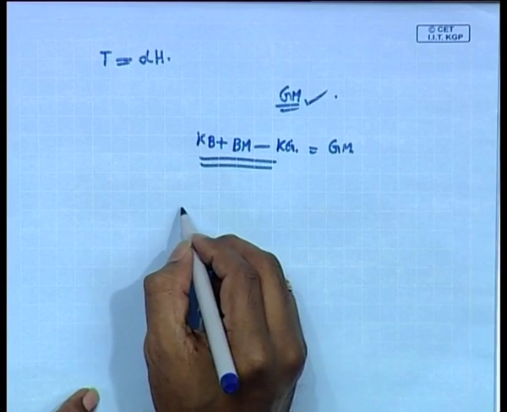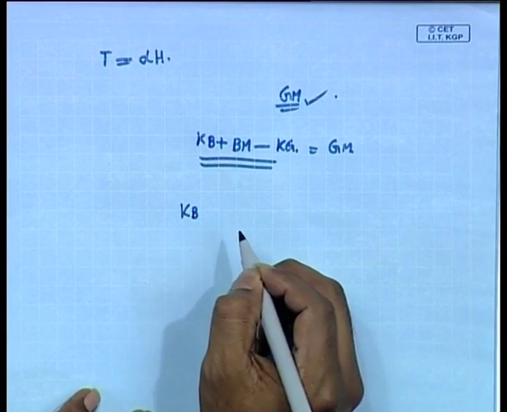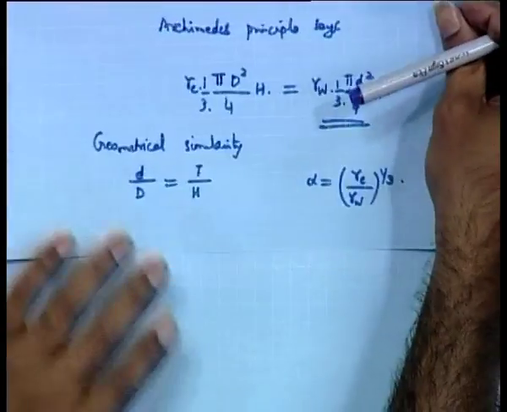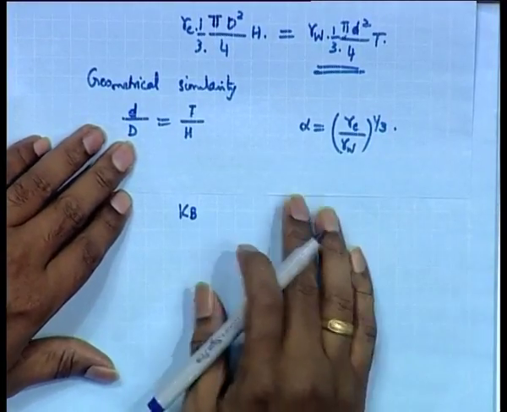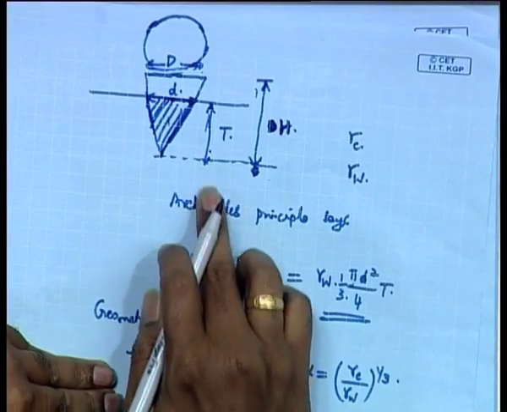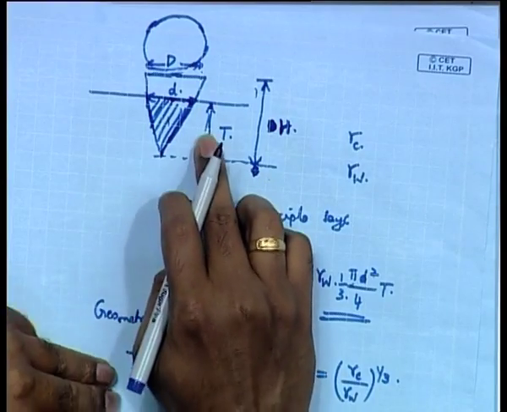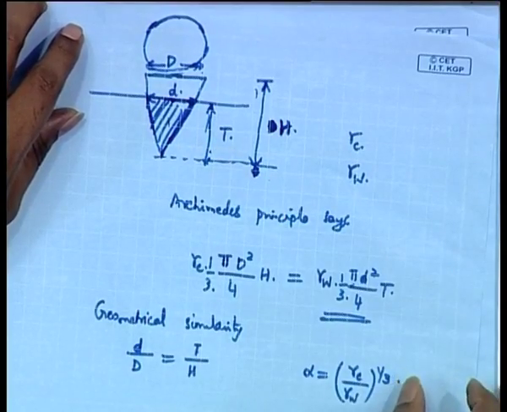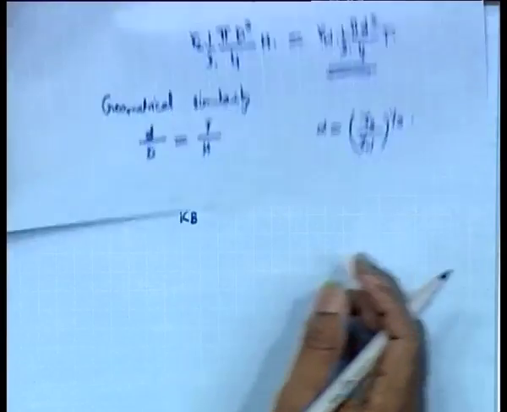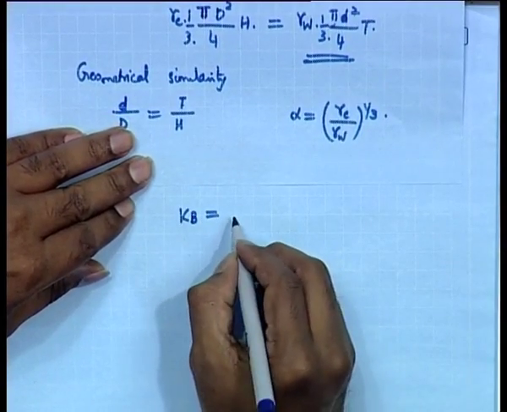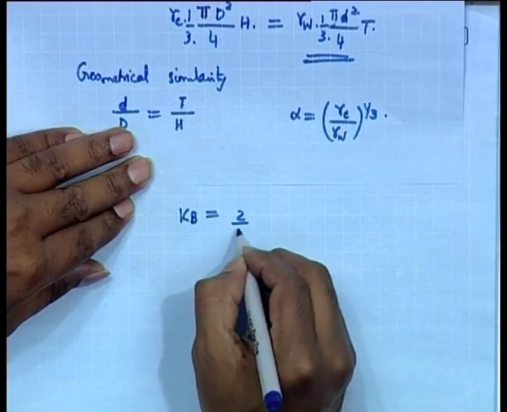For instance, KB is the centroid of this submerged region of the cone, the cone inside the water. So KB is equal to 2 by 3 of t.